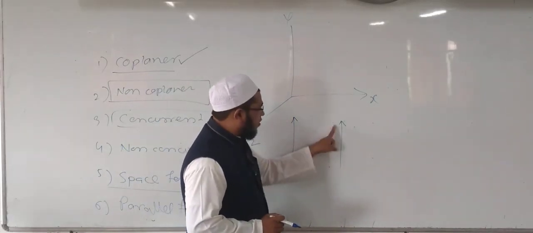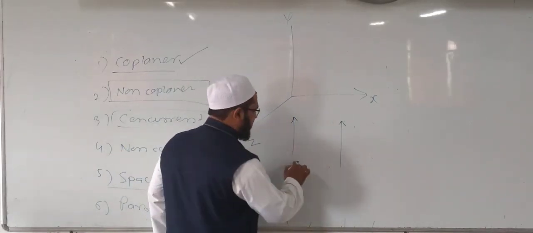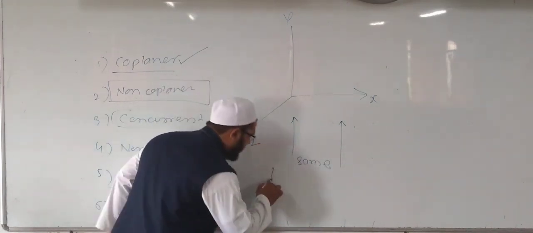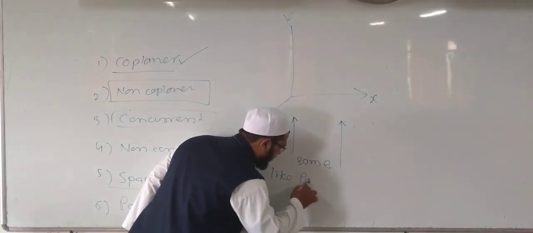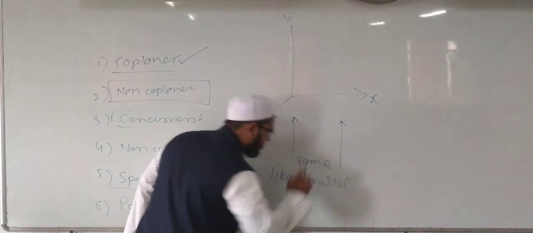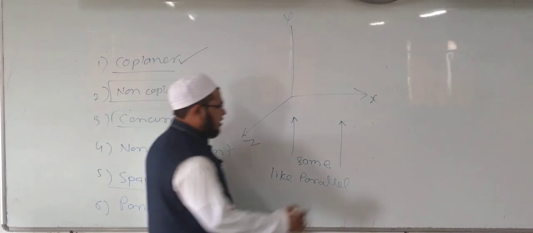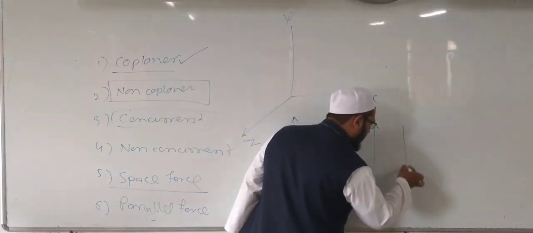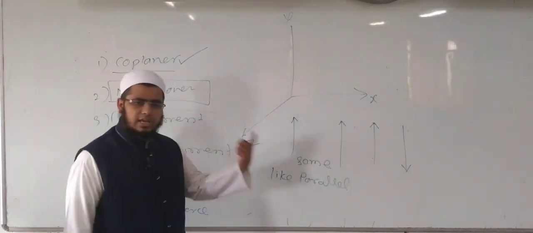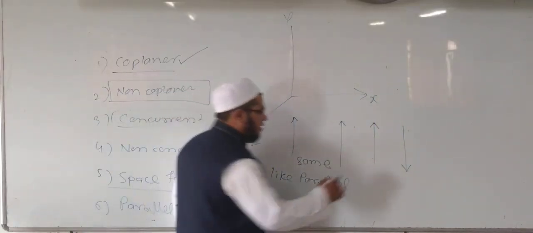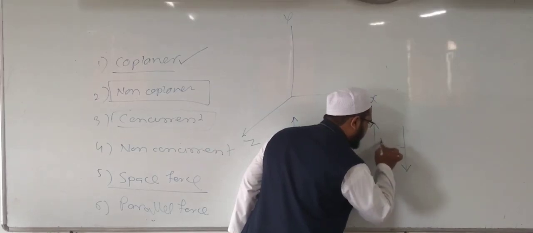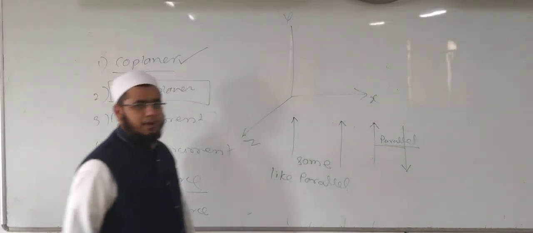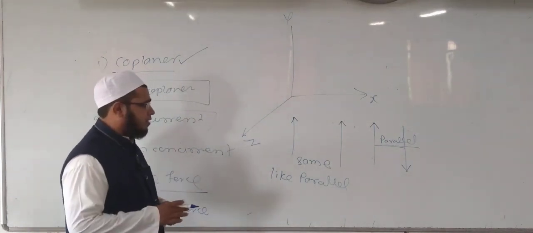When the direction of both parallel forces is the same, then it comes under like parallel force system. But when the force directions are different, means both forces are parallel, but the direction is opposite, this force system is called an unlike parallel force system.